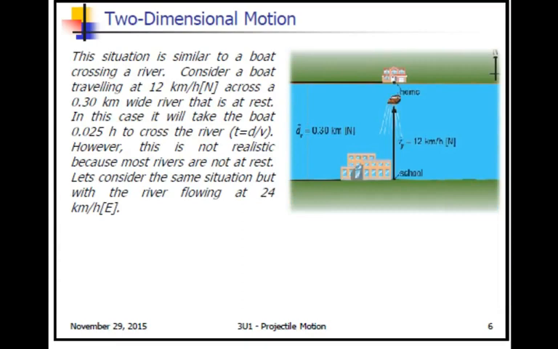So now we're talking about projectile motion, but some of these concepts can be used for other types of two-dimensional motion. Let's think of a situation where somebody lives at a home and their school is across a river. That's what we have here.